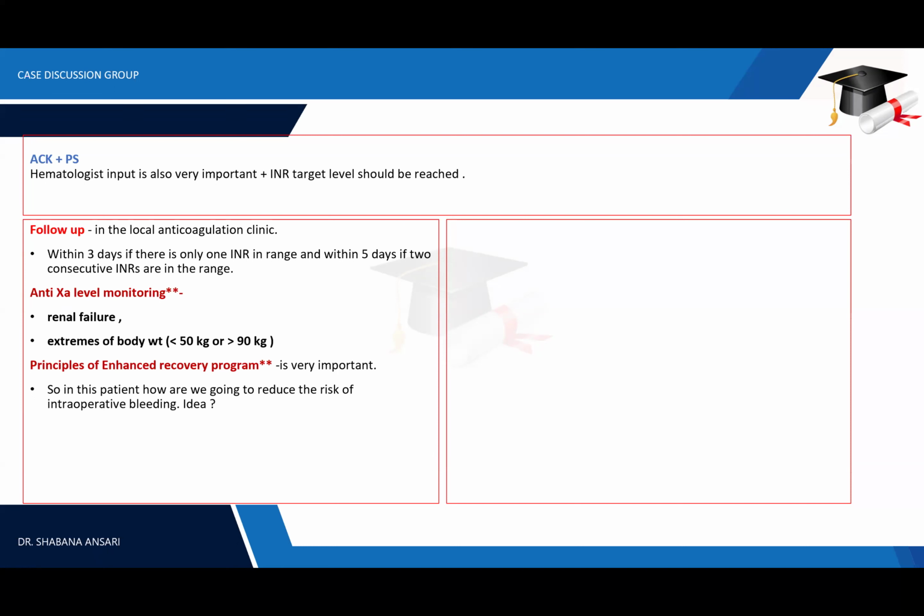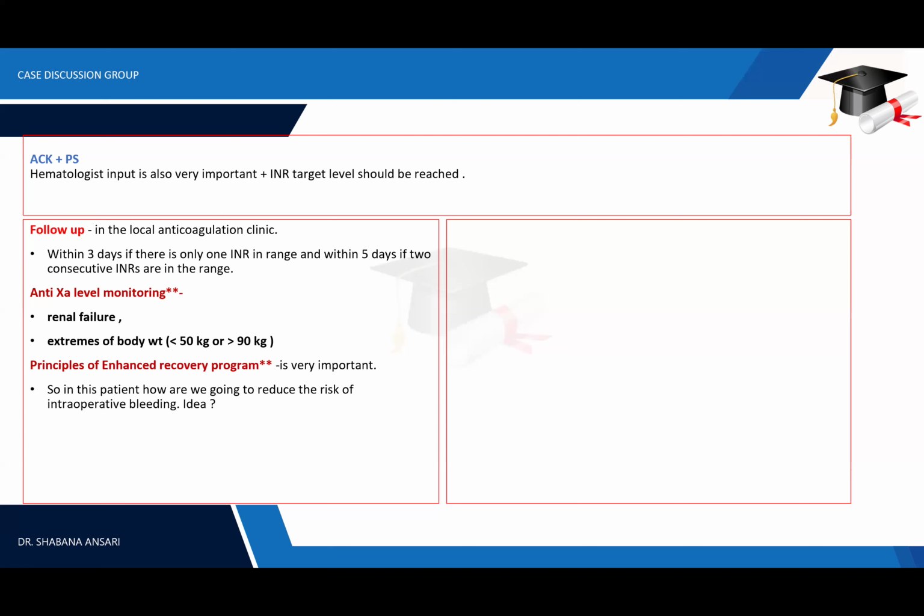Preoperatively we can optimize the hemoglobin level of the patient, and also plan the thromboprophylaxis. During intra-op we can follow meticulous surgical technique in order to reduce the risk of bleeding. We can always ask the consultant for help with surgery, and take all the measures for proper hemostasis.